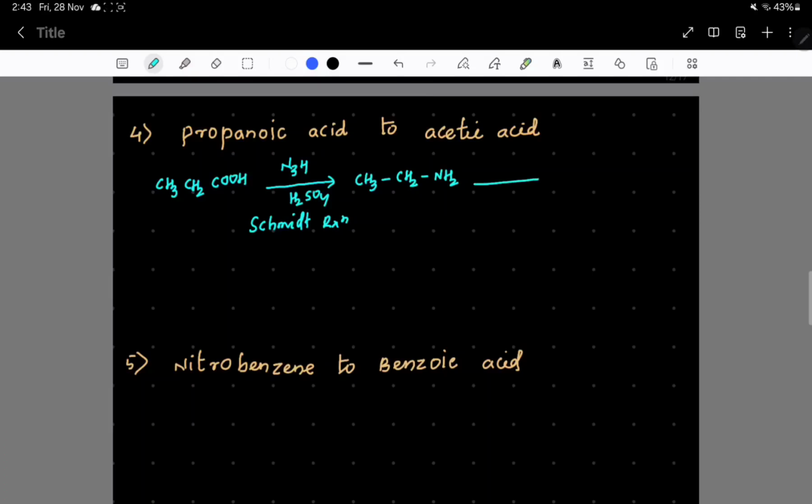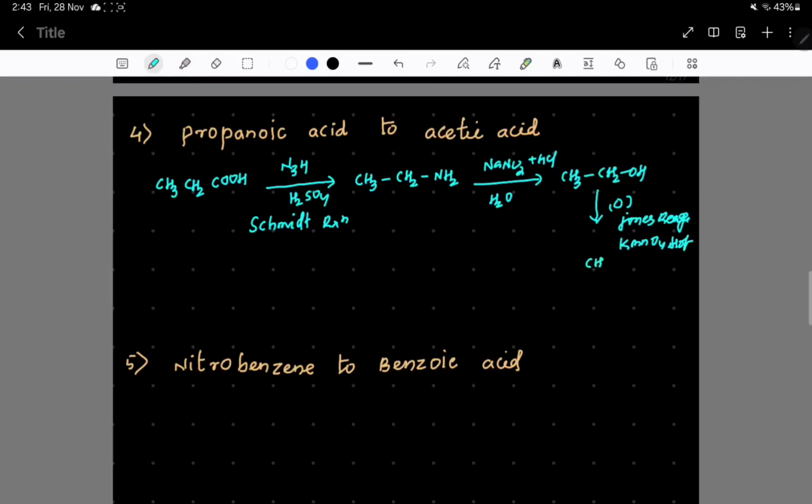Now this amine on reaction with NaNO2 and HCl, followed by water, already we know, will give alcohol as the product. Now this alcohol on oxidation using Jones reagent, or you can use hot KMnO4.